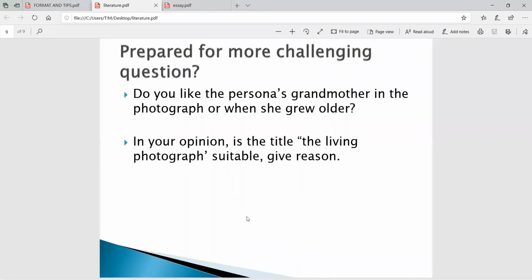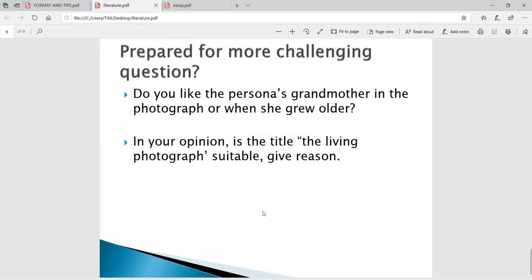Yes, she looked healthy, she looked neat, very presentable. She's concerned about her appearance, right? While in stanza 2, she looked very weak, she's forgetful. Obviously, we feel very sad looking at someone we really love in that kind of position. So you can definitely say you like the photograph because she looks healthy and happy.